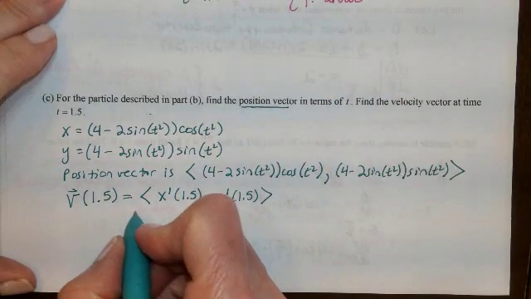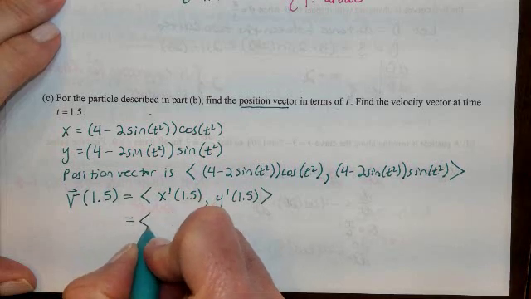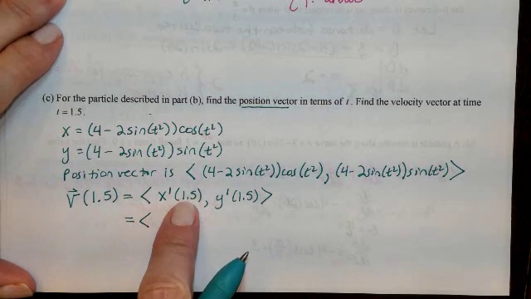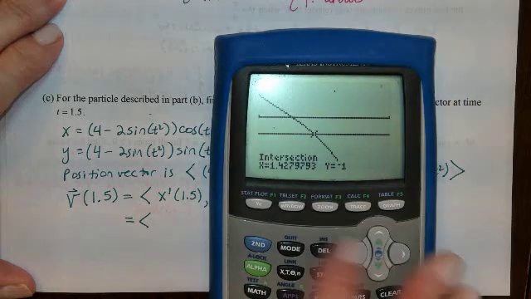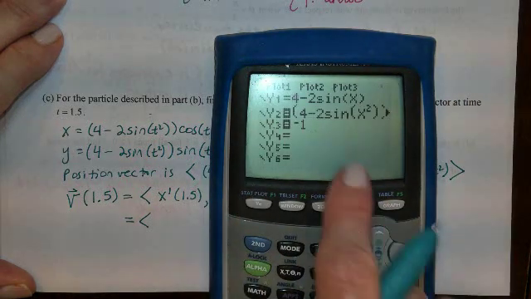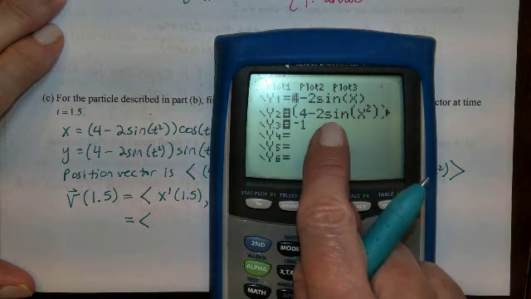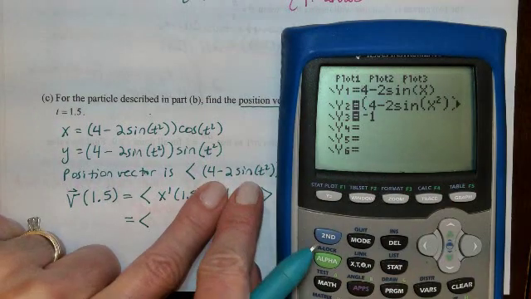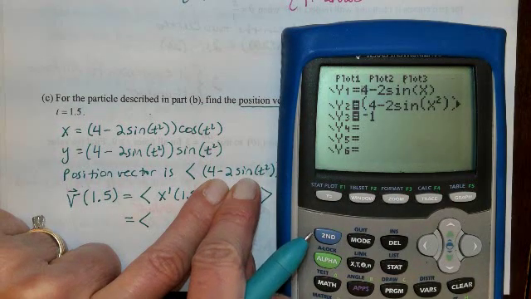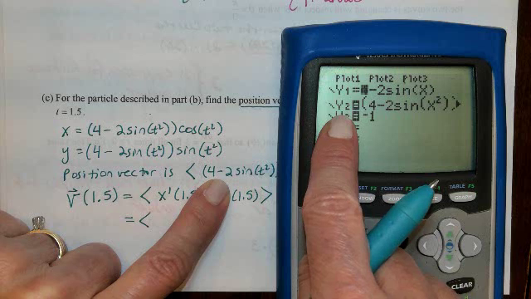Okay, now I want to go ahead and evaluate this. So I need x prime at 1.5 and y prime at 1.5. So in my calculator, remember in my calculator, in for y2, I have my x of t. In for y2 is my x of t.